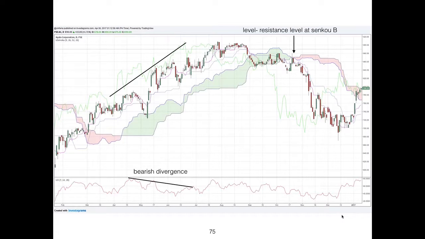So again, let's identify the level. The level is the resistance at Senkou B. The signal was the bearish candlesticks at the Senkou B, which had been forming lower highs and lower lows. Your trigger was the long red candlestick that broke below the Tenkan and Kijun-sen lines.